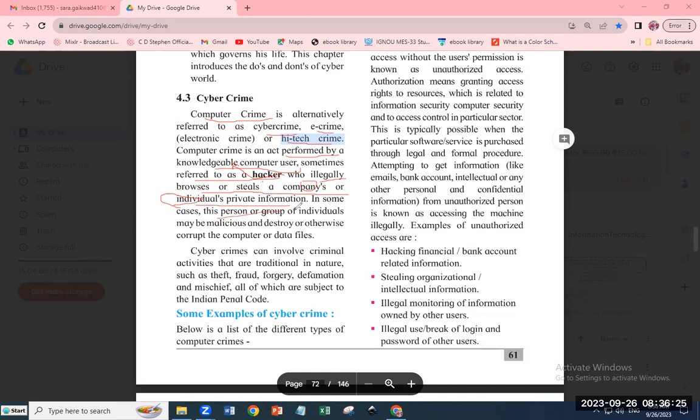In some cases, this person or group of individuals may be malicious and destroy or otherwise corrupt the computer or data files. Some hackers are there, but they also have groups of people. It's not one person, but certain groups working behind. If I want to crack bank security, it is a very big deal, because bank security is very secure.